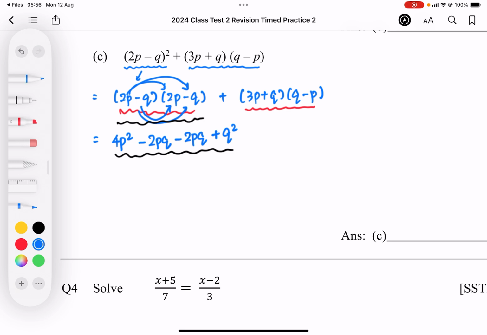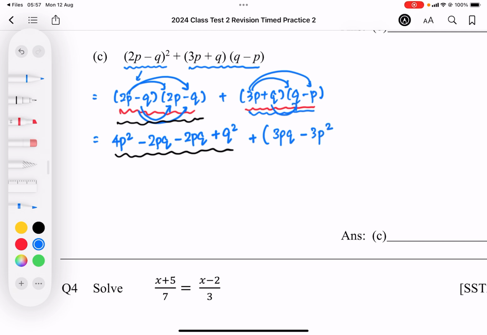Next, we are going to carry on with plus. Now, this part over here is actually on its own first, so we use a bracket to separate it from the rest. Now, applying distributive law again, 3p times q gives 3pq. 3p times negative p will be negative 3p squared.